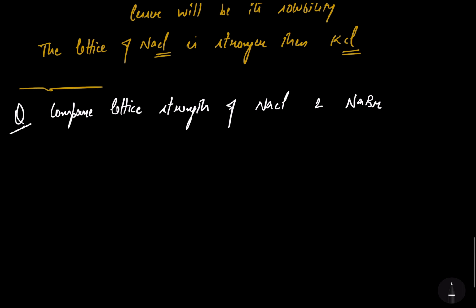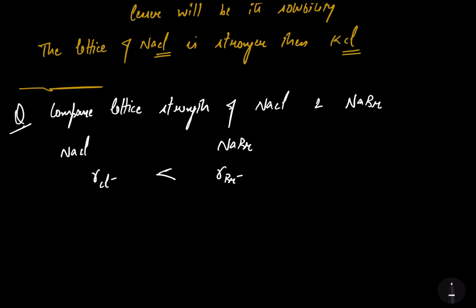Now, in case of both these, NaCl, NaBr, focus on the radius of chloride ion and that of the bromide ion. The radius of bromide ion is greater than that of chloride ion because both are members of the halogens and bromine lies below chlorine.